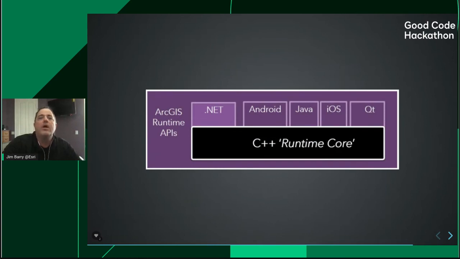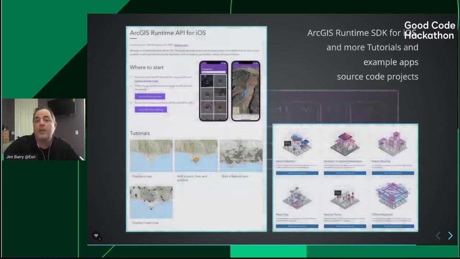ArcGIS comes with a set of runtime SDKs. If you're already building an application with Visual Studio, Android, Java, iOS, and Qt, all of these SDKs are based on a C++ core that provides all the core functionality, and then we build an SDK around it so that these capabilities fit into the normal conventions of each type of development.